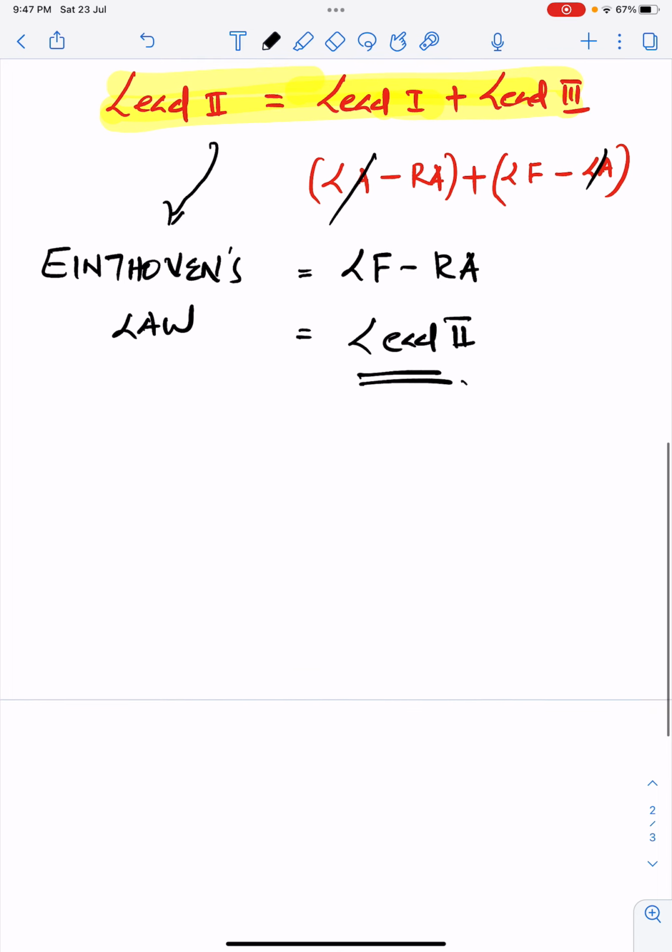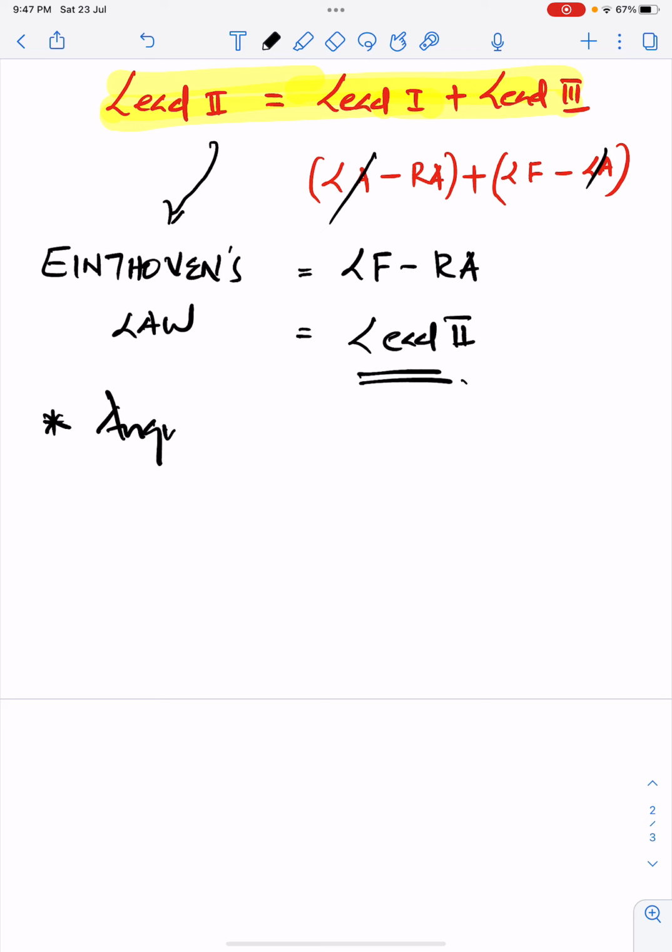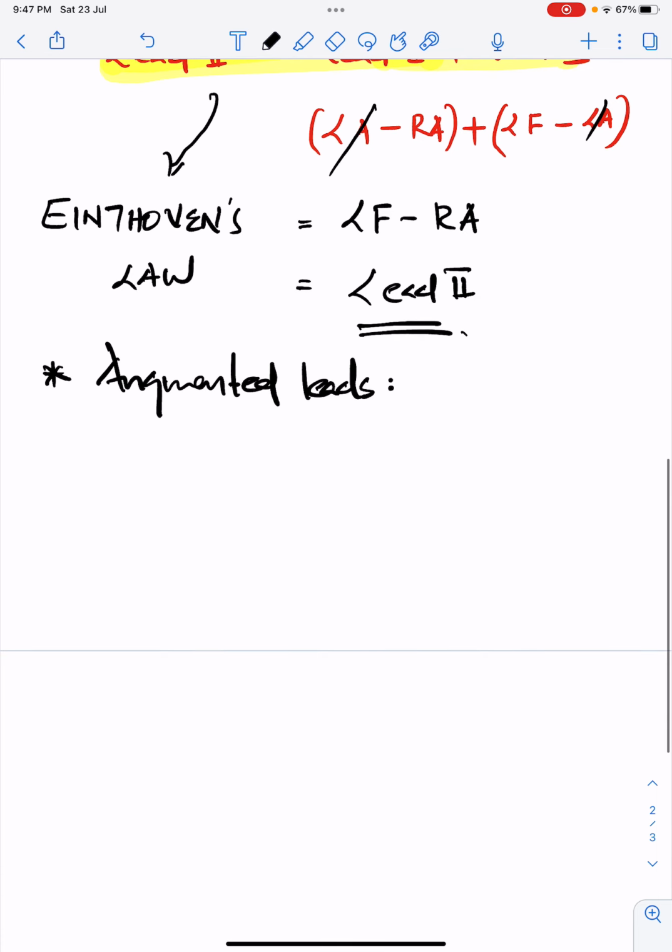Now a few words about the augmented leads. In augmented leads, the letter on the right side indicates the positive end. For example, in AVF, the left foot is positive.